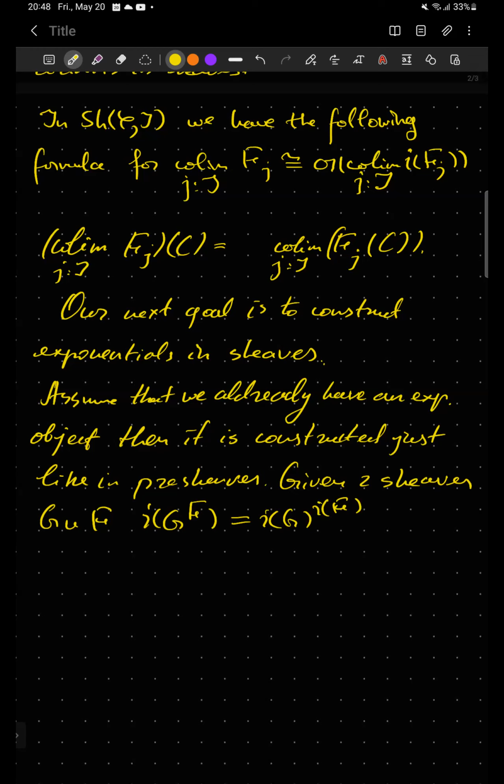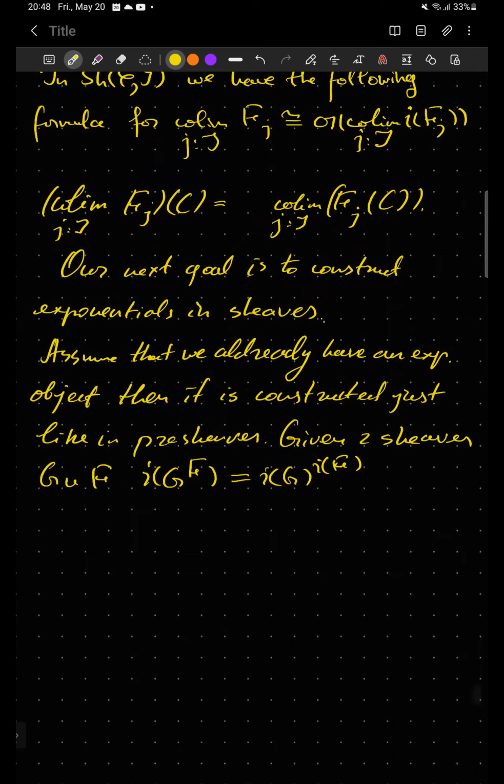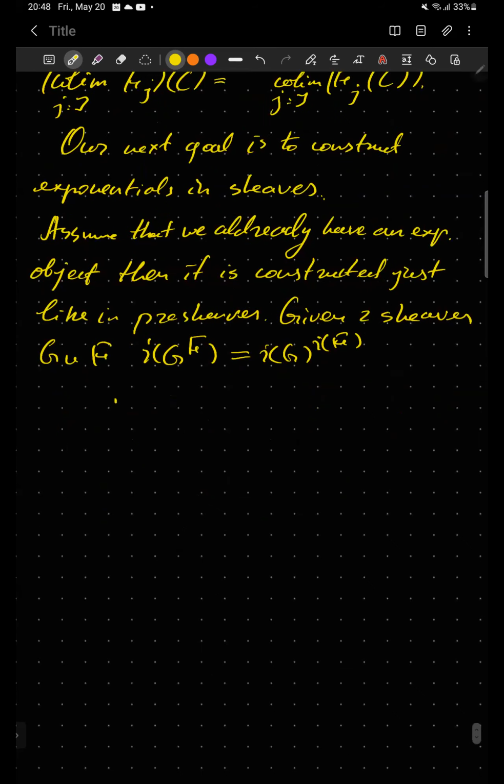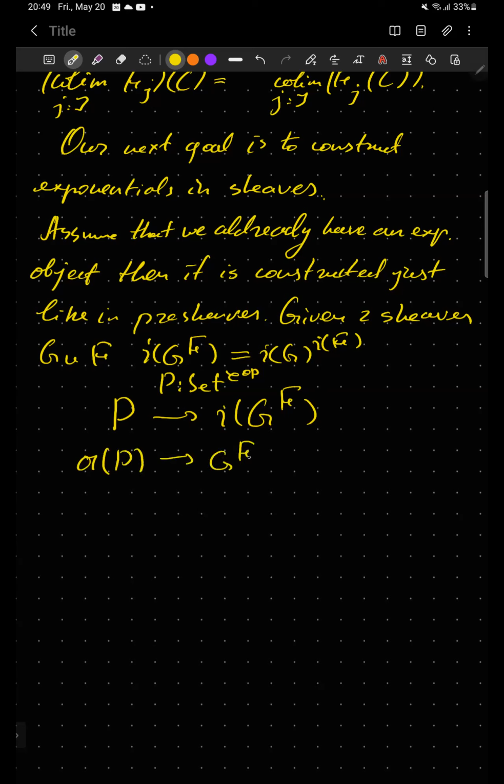The Yoneda lemma now implies the following sequence of bijective correspondences. So given an arbitrary pre-sheaf P, we have a transformation from P to I of G of F. Now by adjointness, we have this.